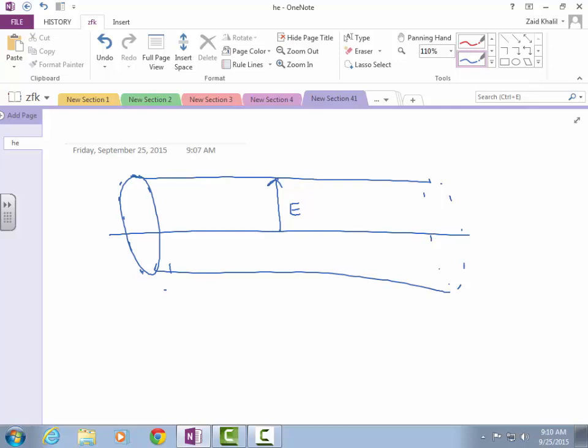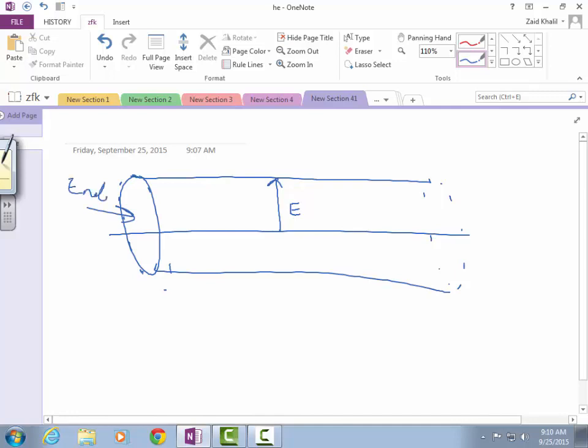That's right. Your electric field's pointing outward from this infinite line, and the area vector is pointing perpendicular to that. So E dot dA is 0. So these ends do not contribute.